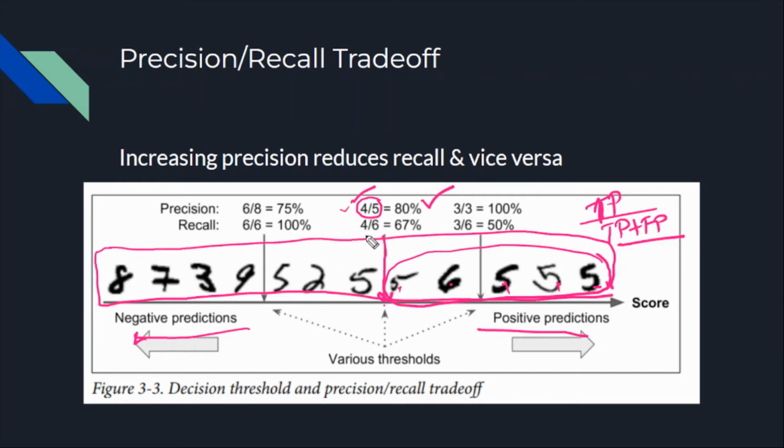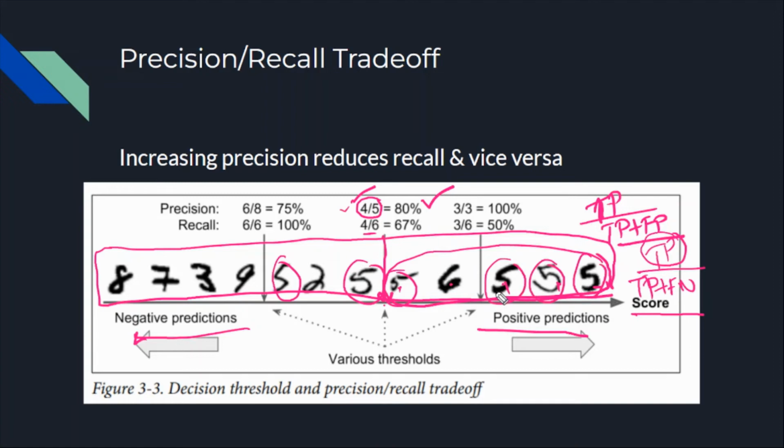Now let's look at my recall. What is the definition of recall? How many are true positive from my actual positive. So actual positive values are this one, this one, this one, this one, this one, and this one.